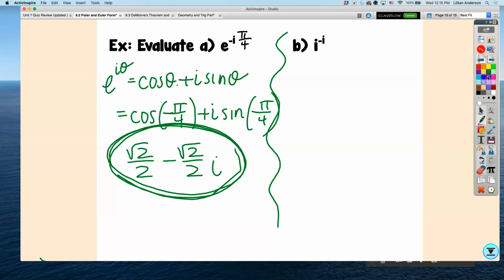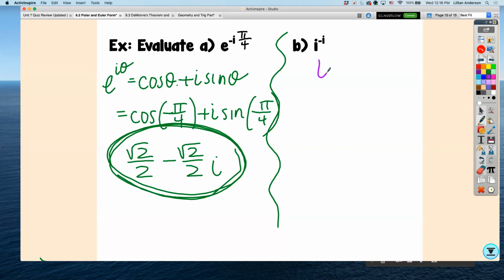All right, let's look at this one. That's not a typo. That is base i raised to the negative i. There's no angle there. Okay. Don't stress. Why should you not stress?